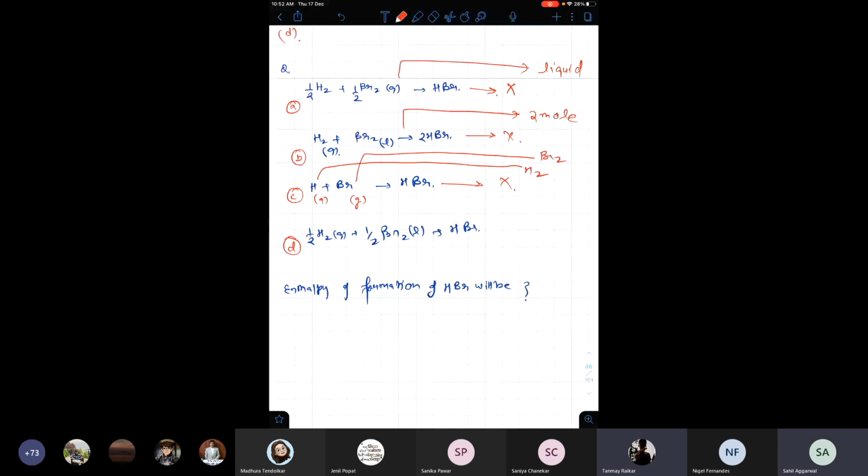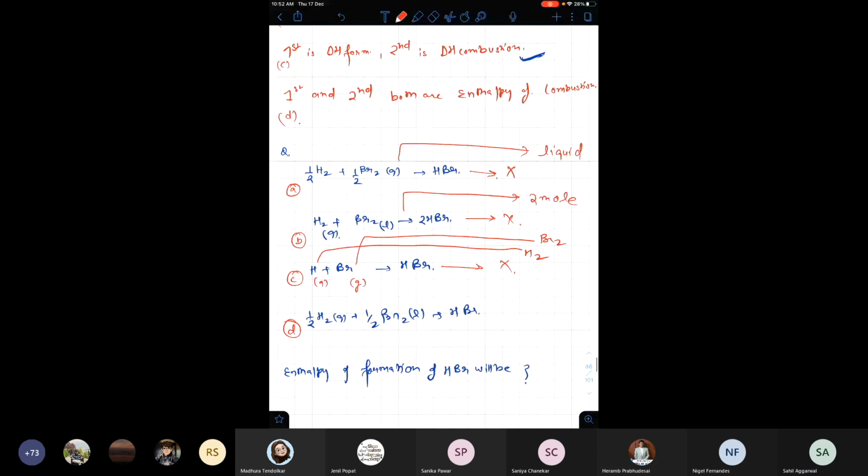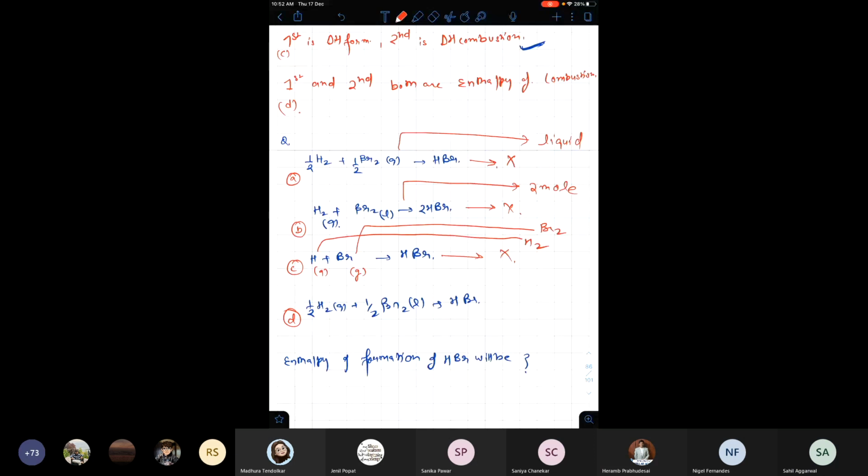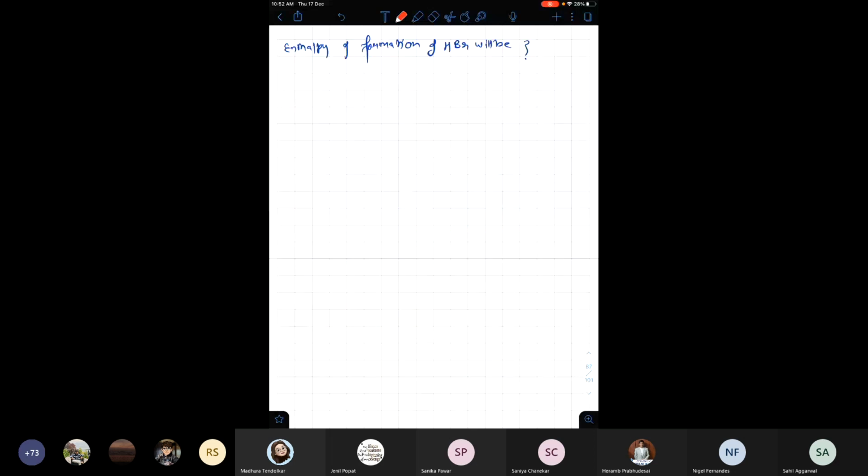All of you understood this? Now we have Hess law and numericals of Hess law, which will definitely involve enthalpy of combustion and formation. Am I audible clearly? Please scroll up.